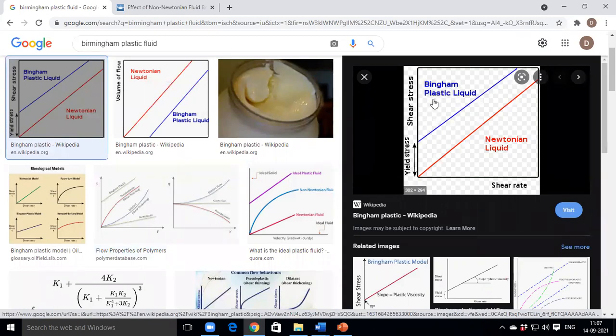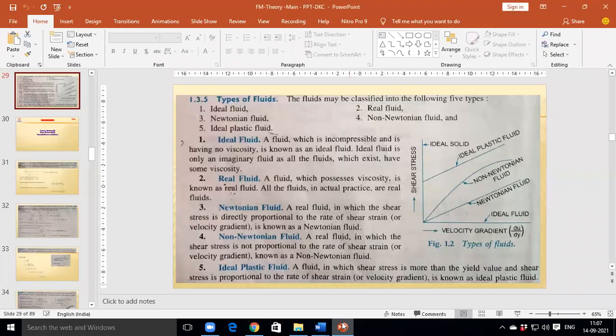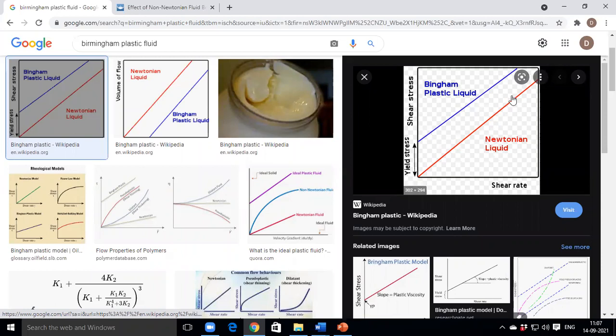This Newtonian fluid passes through the origin. Bingham plastic fluid does not pass through the origin, but passes through somewhere on the y-axis. Is this graph visible?